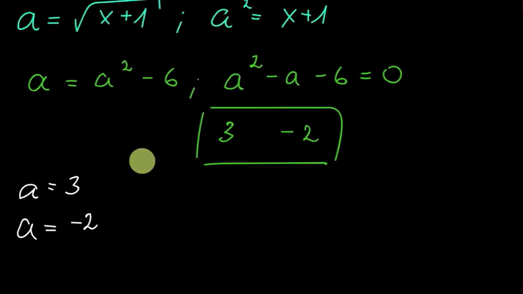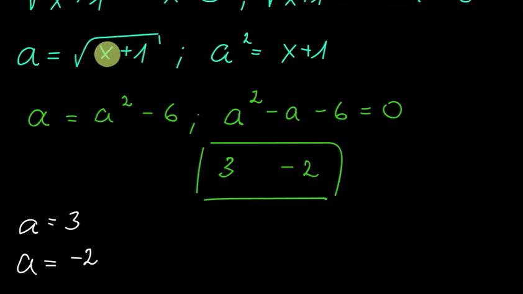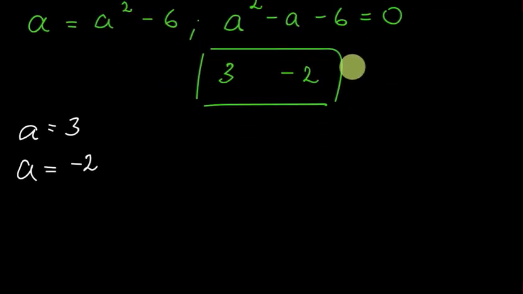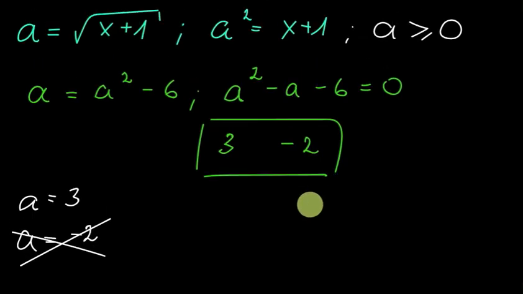Now, because I said that a is a square root of some number, a must be greater than or equal to 0. So this is not right. So a is equal to 3. Now we need to go back and write that.